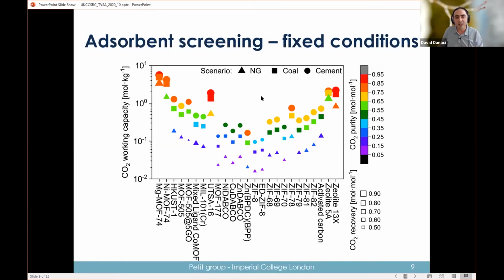The standouts, I guess, are that the zeolite 13X, zeolite 5A, they demonstrate a very equivalent performance to UTSA 16, which is a MOF that seems to be demonstrating good performance for post-combustion capture applications in general.